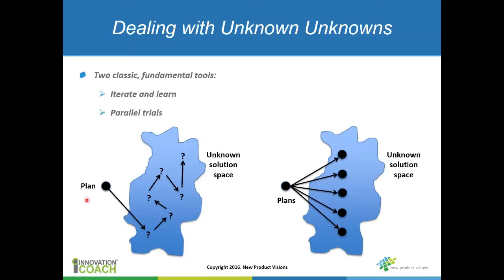This concept is really the basis of all of the lean methodologies. The fail fast and fail cheap mentality. And the lean methodologies, whether it's applied in the manufacturing processes or in new product development, this concept of iterate and learn is well founded.